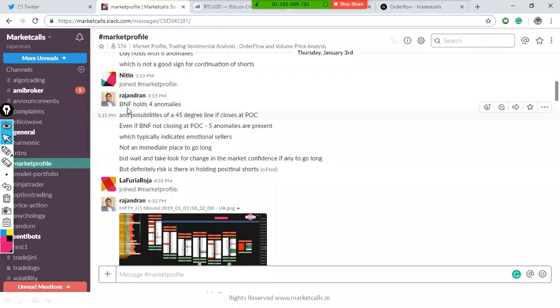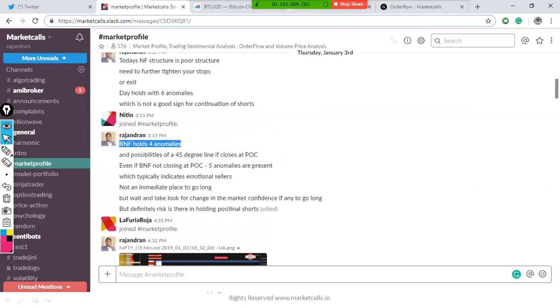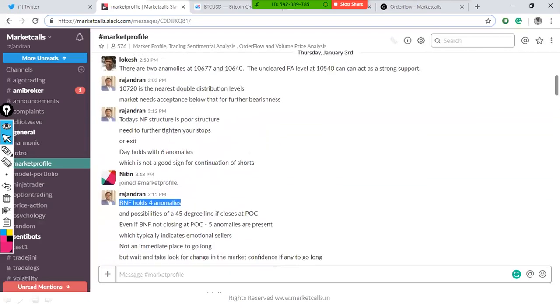So my observation was that Bank Nifty holds 4 anomalies, and Nifty was already having 5 anomalies sometime back. I posted on 3rd of January saying that the day holds 6 anomalies, which is not a good sign for the continuation of the short. We are already shorting Nifty, right?